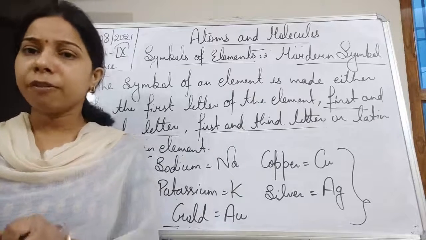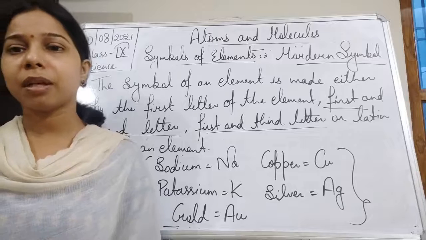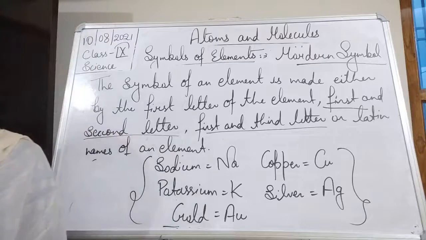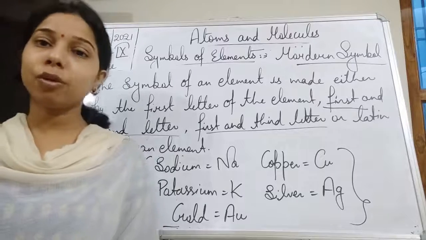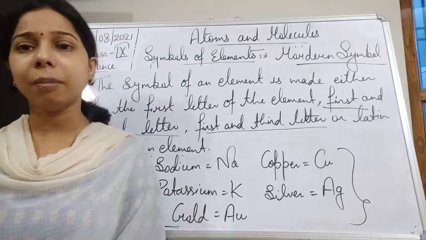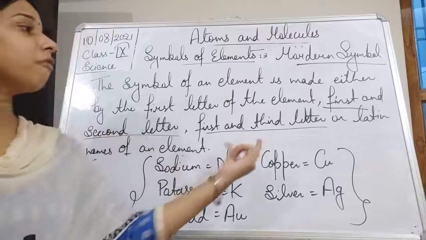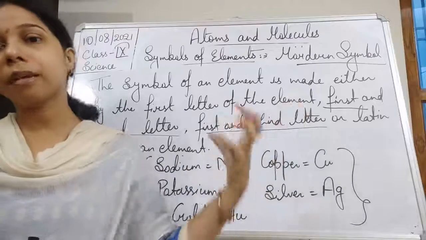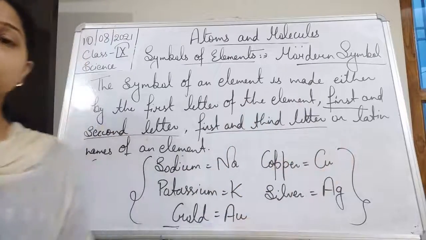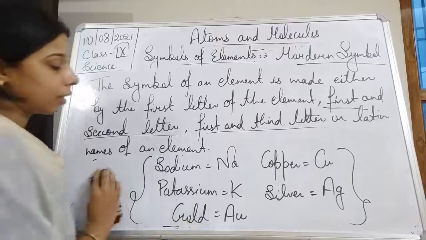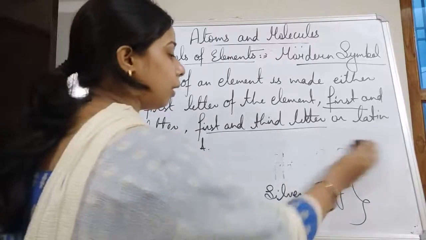Before we know the different Latin names of the elements, we must ensure why there is a need of using the Latin name. Although we are very clear that we can take the first, second or first, third letter, why are we taking the Latin name? Now I'll explain why it is so.